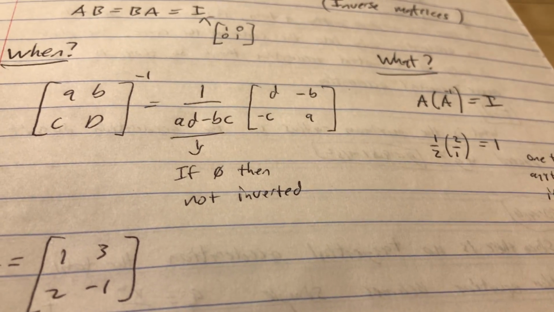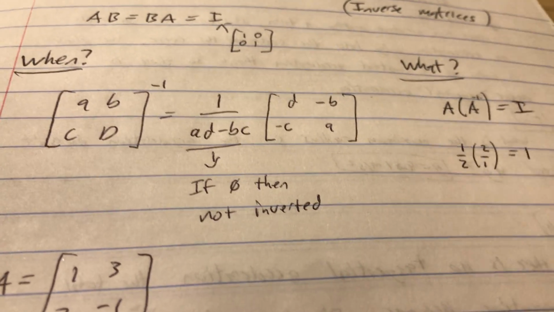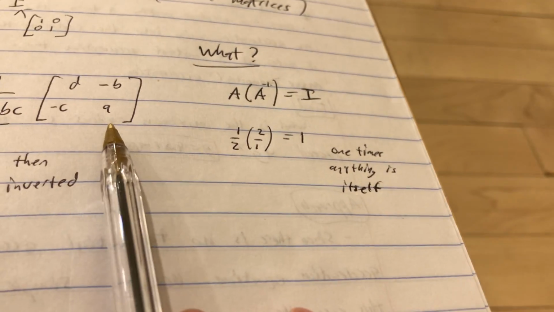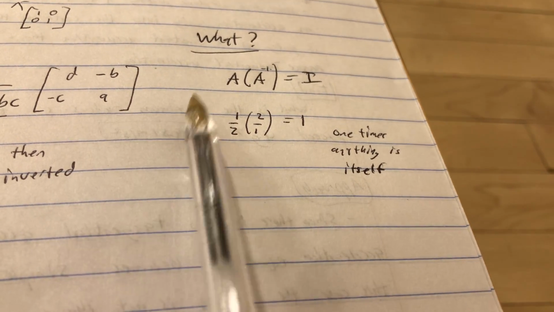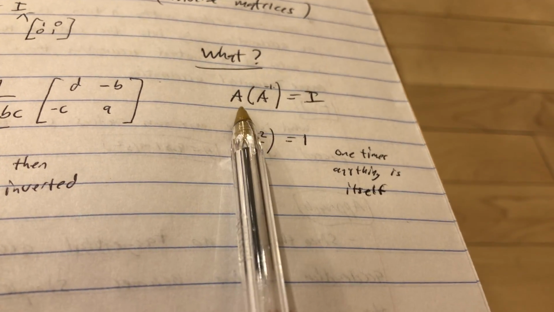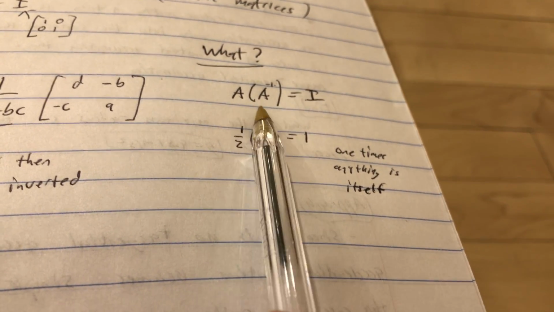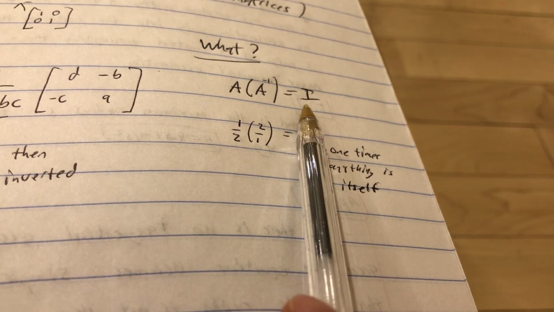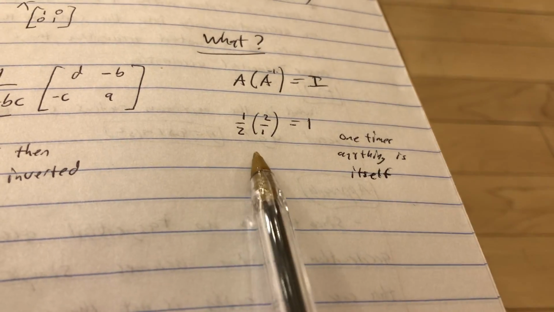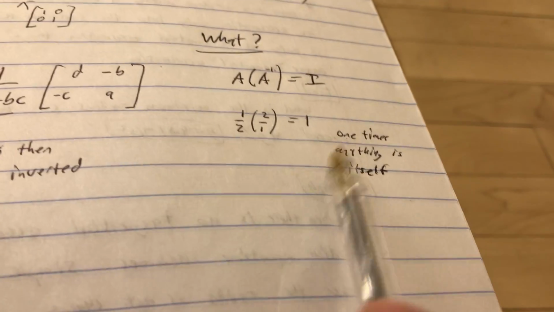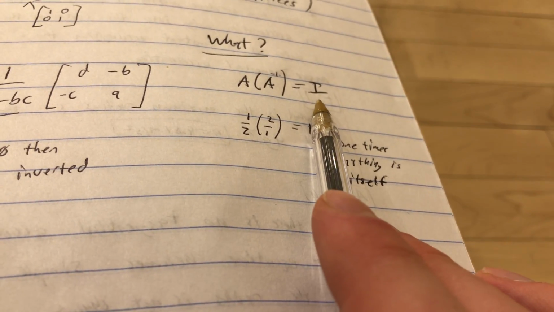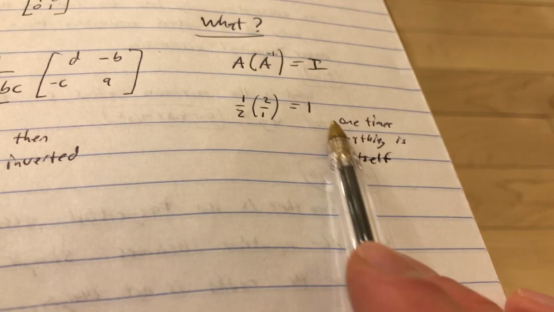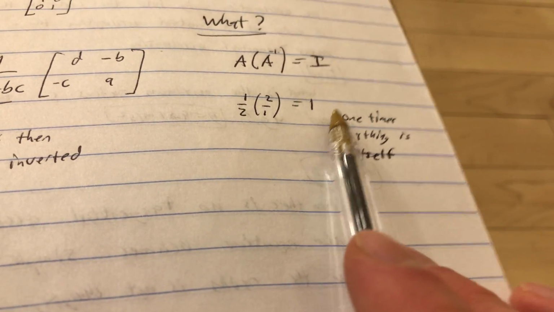So the question is, what if we don't have a matrix like that? Also, what is an inverted matrix? The definition is that if we have matrix A times the inverse of matrix A, it's going to equal the identity matrix. An easier way of thinking about this: since the identity matrix multiplied by any other matrix is just itself, I'm going to call that 1, since 1 times anything is itself.